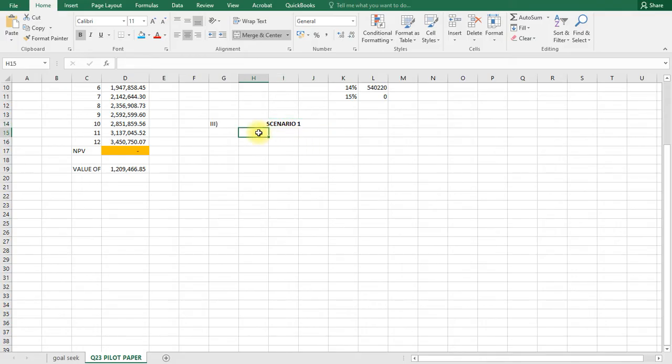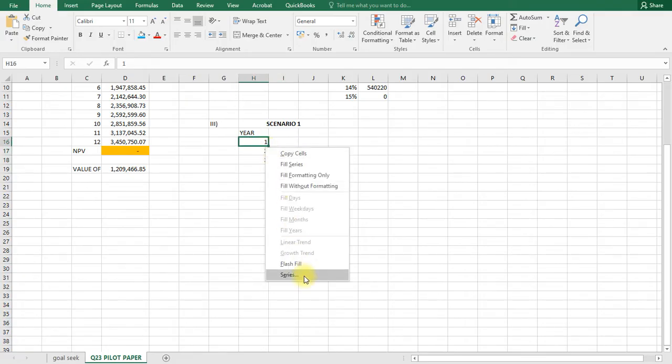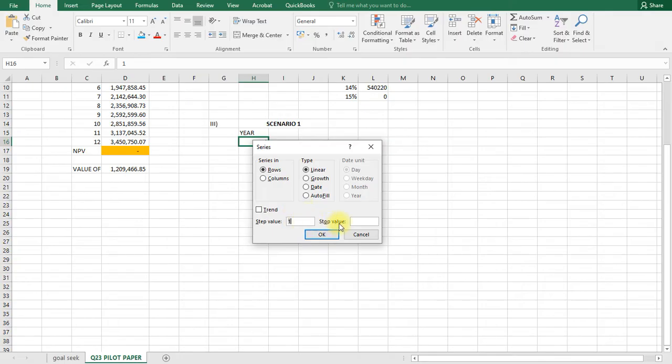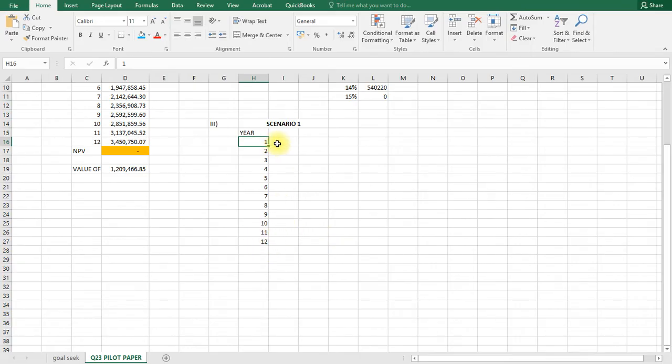So here we shall have year. Still there are 12 years: 1, 2, 3, in that order. So I'll just use this series, and the stop value is 12. These are column values, 1 to 12.